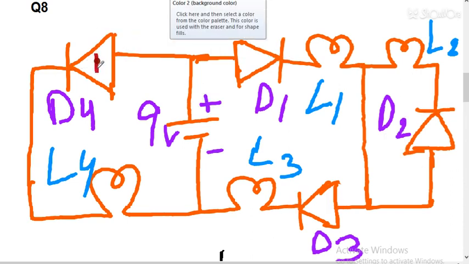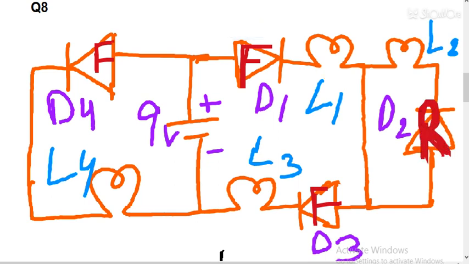This one is forward, this one is also forward, this one is also forward bias, but this diode will be reverse biased. You can note it down. Now see its simplified diagram.